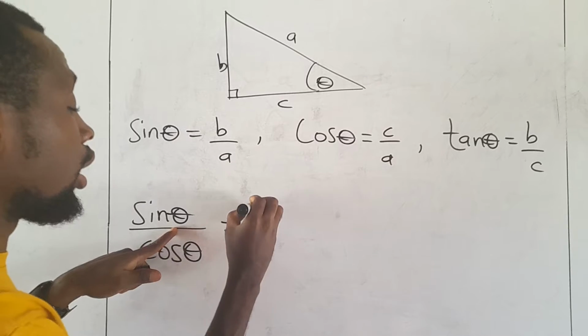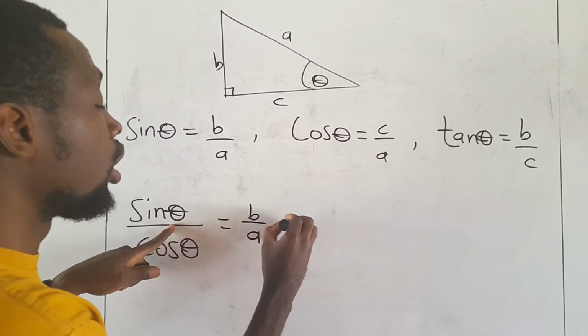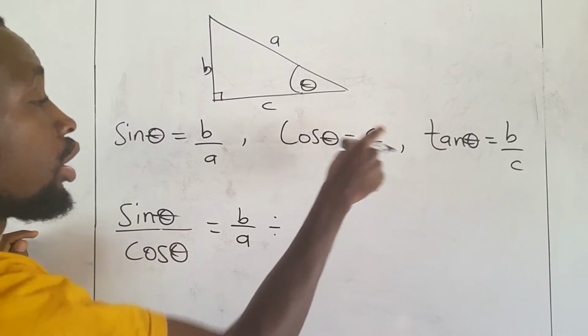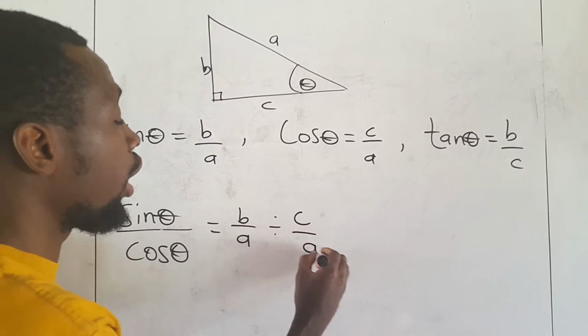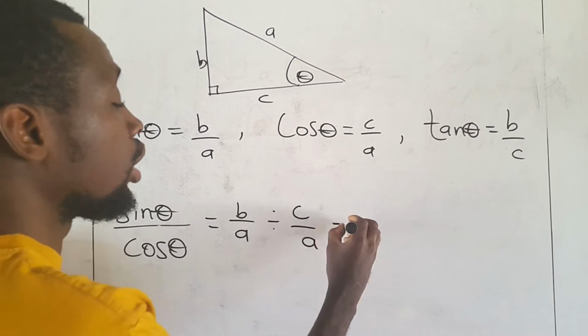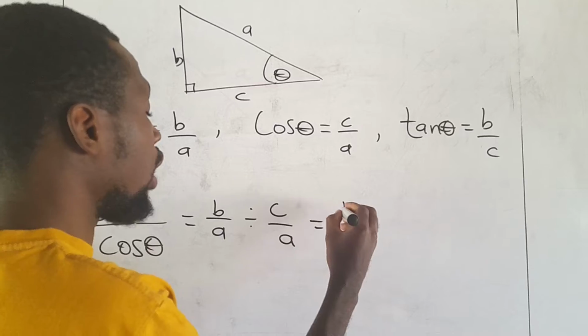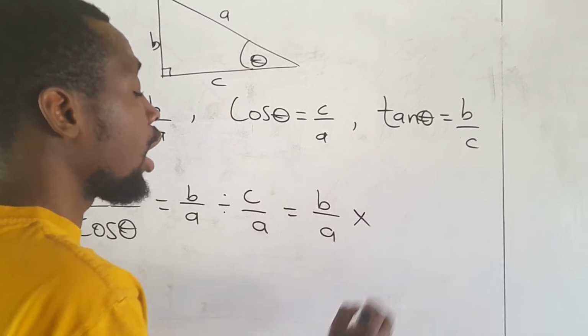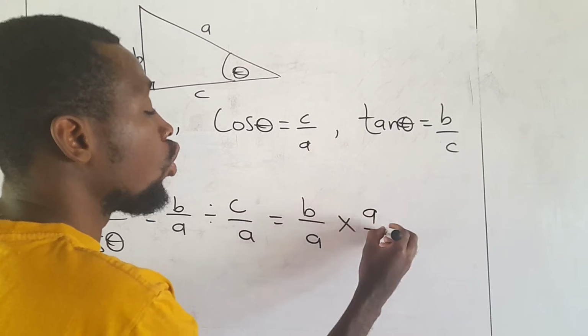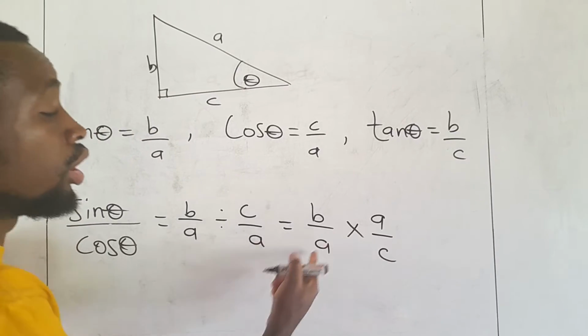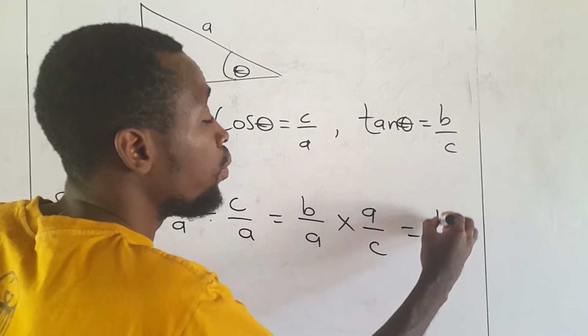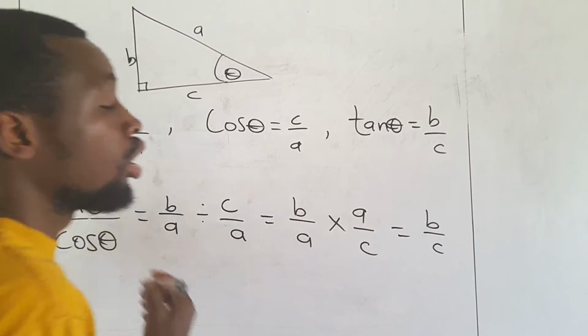Our sine theta is B over A, divided by cos theta, which is C over A. This can be simplified as B over A times A over C. So this A will cancel that A, and we have B over C. Look at it.